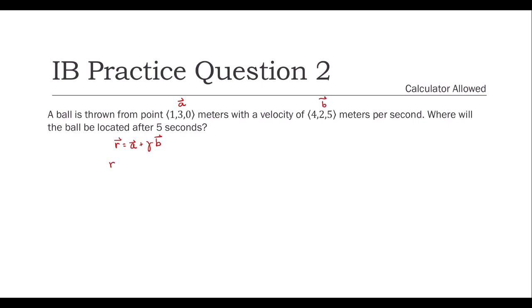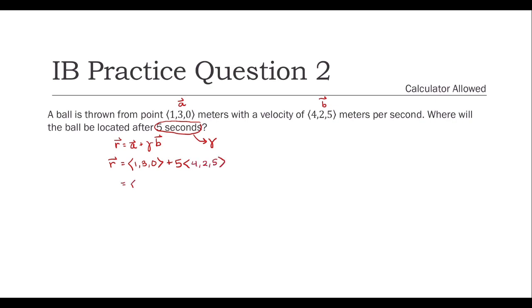So we have r equals A, (1, 3, 0), plus gamma. Gamma is going to be our time, and here it says our time is 5 seconds. So this here will be gamma. So plus 5 times (4, 2, 5).